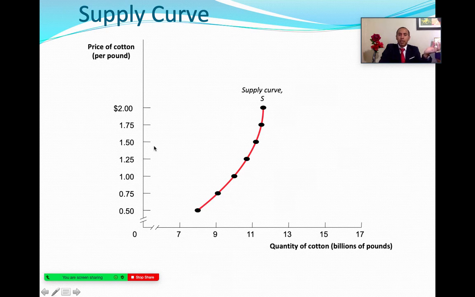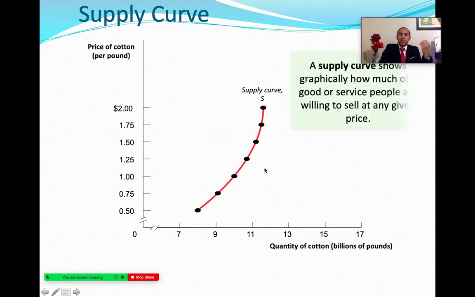Suppliers at a higher price are willing to supply higher quantities in the market. So as price rises, the supply curve gives a graphical illustration of this positive relationship. It shows how much of a good or service, in this case cotton, any supplier or any seller is willing to sell at a given price.